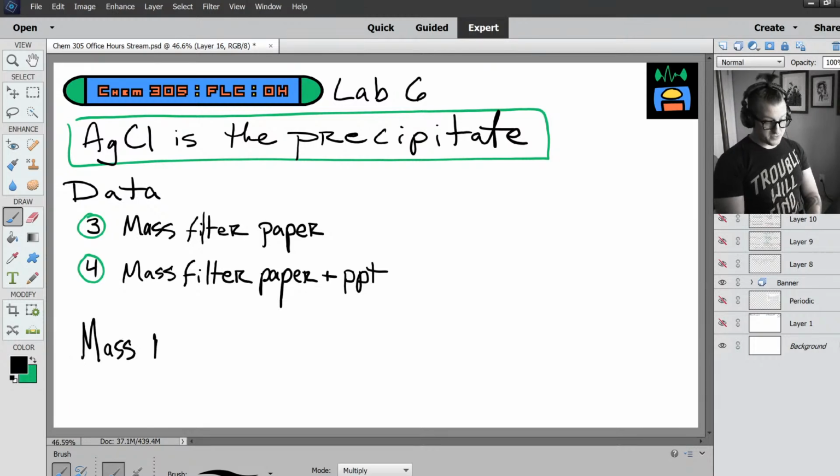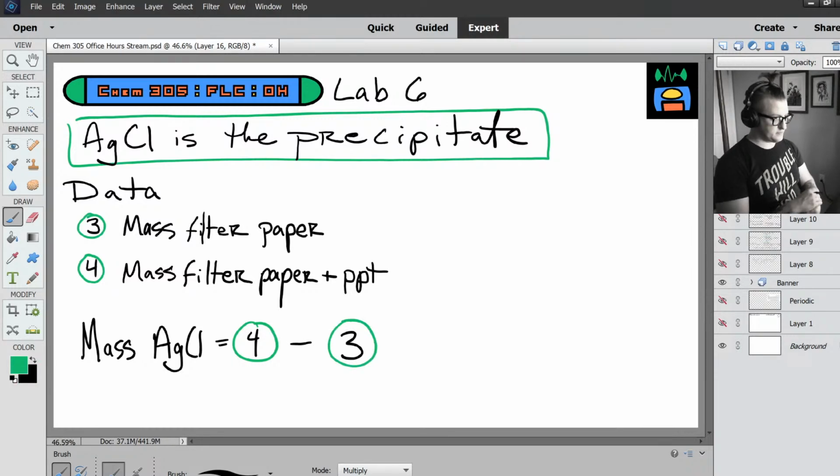So the mass of silver chloride is equal to the recorded mass for number 4 minus the recorded mass for number 3.